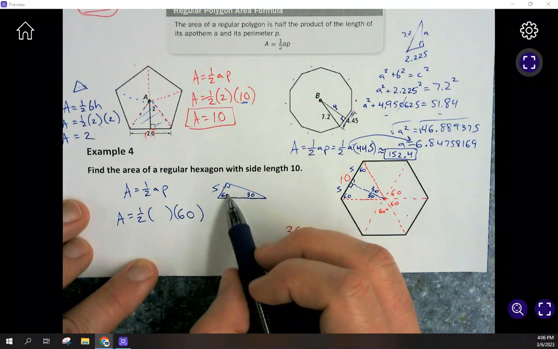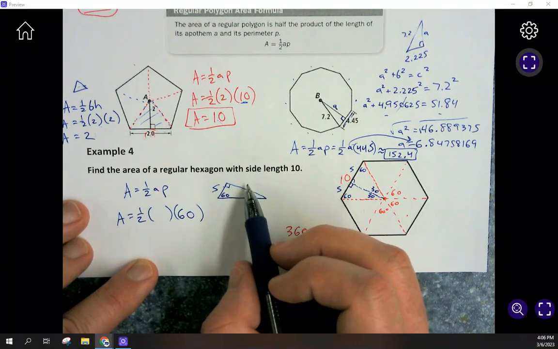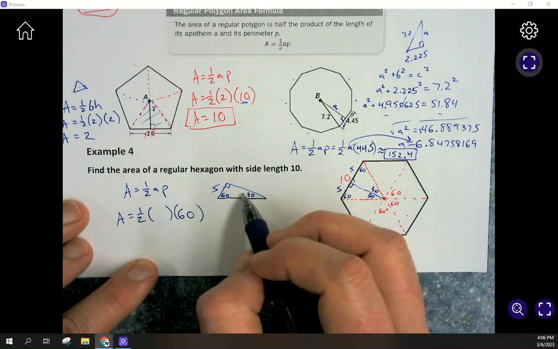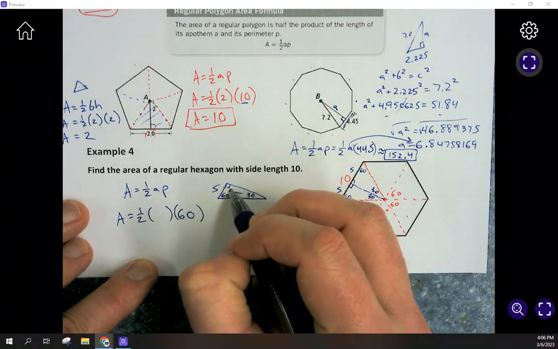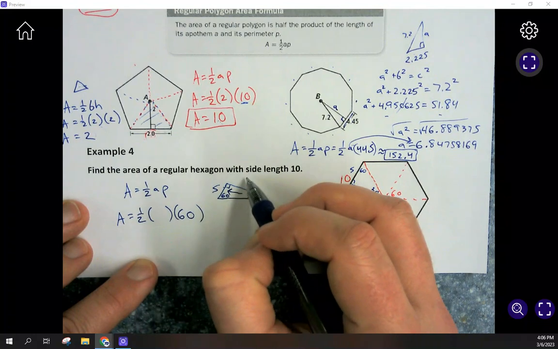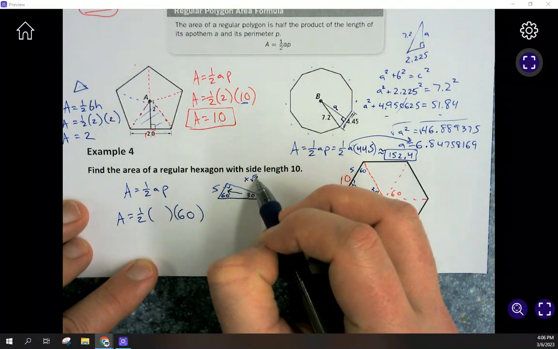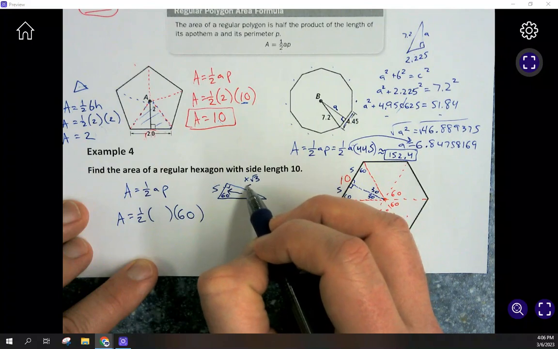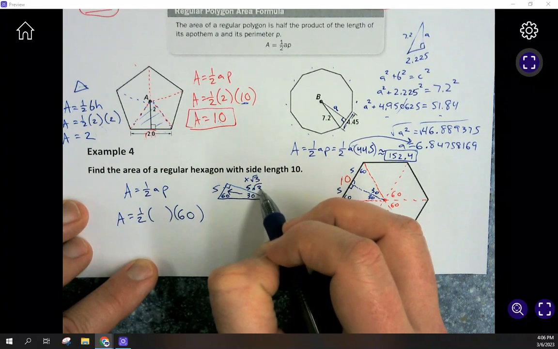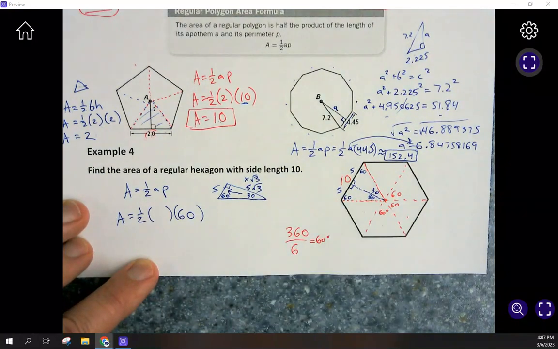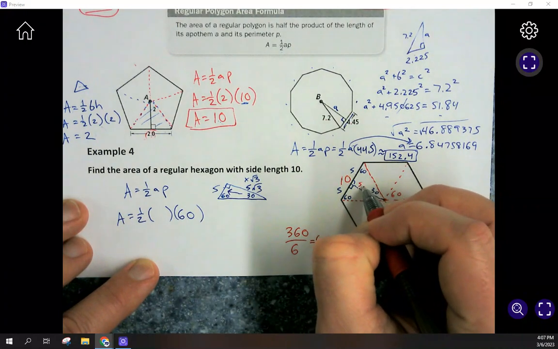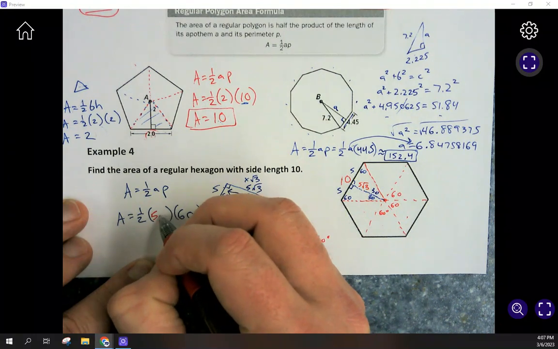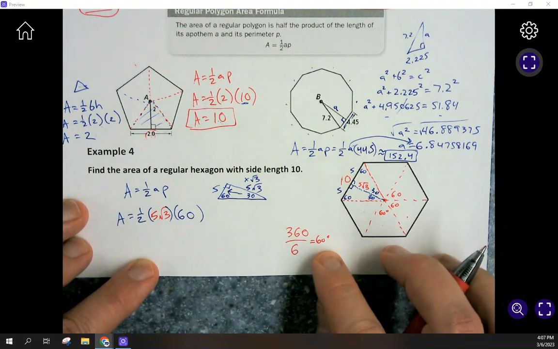But now using this little 30, 60, 90 triangle, I can find this length, which is the apothem, that's little a. Across from 30 is x. Across from 60 is x radical 3. So if x is 5, I can just plug that right in, and it's 5 radical 3. So that length right there is 5 radical 3. That's the apothem, 5 radical 3.